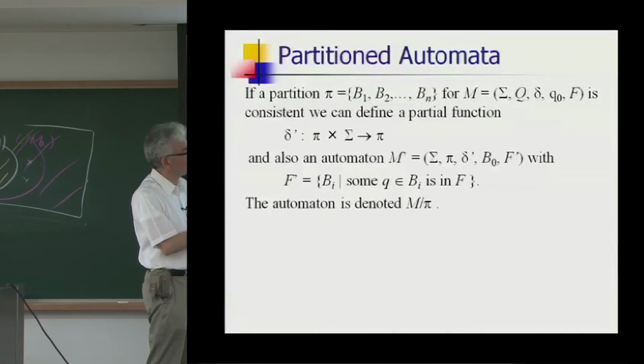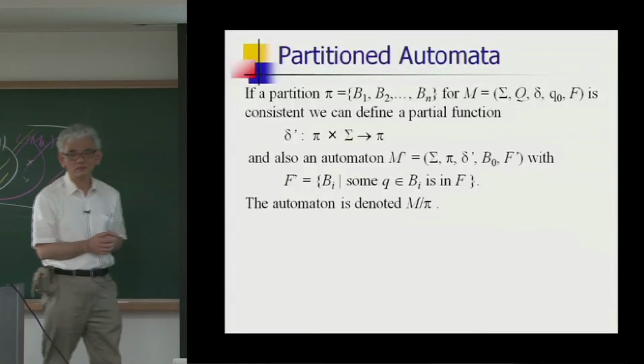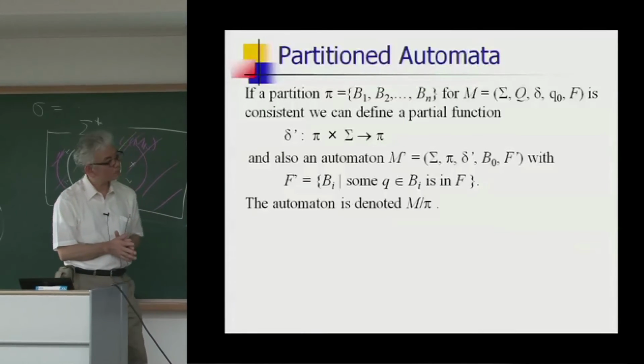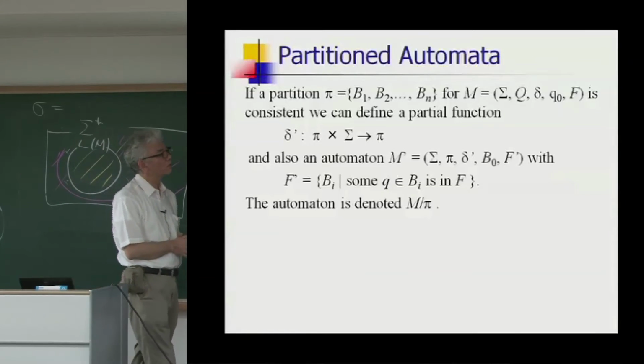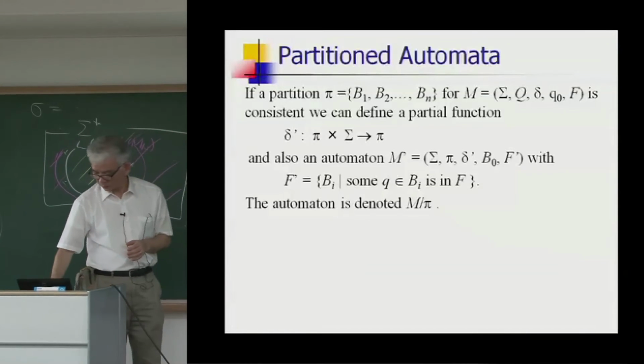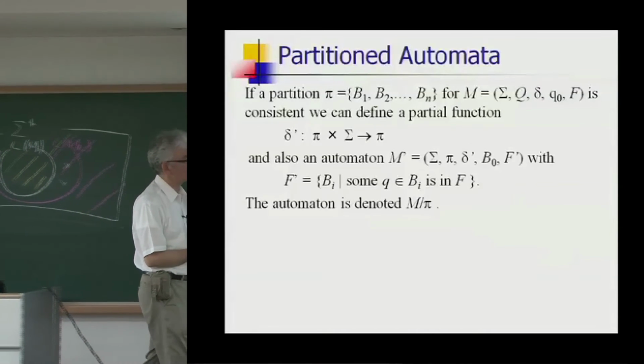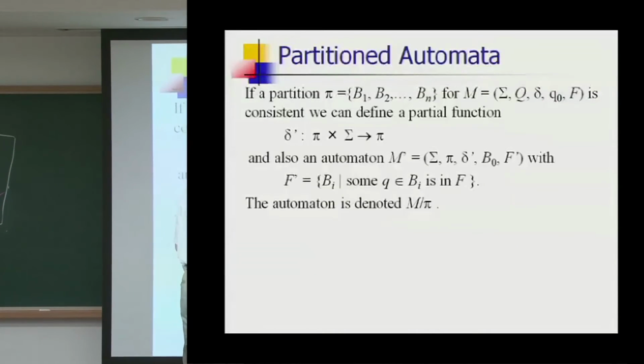Quotient means the merged automaton, in mathematical terms. The merged automaton is represented as M/pi.